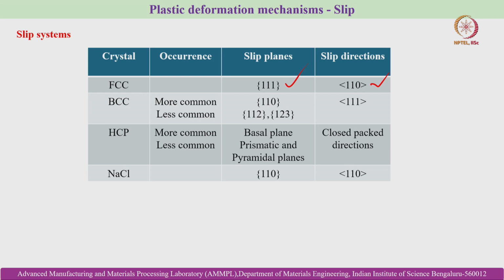The slip direction, common for all these slip planes, is 111. It is a little different in the case of hexagonal close packed, where the more common slip plane is the basal plane and the least common are prismatic and pyramidal planes, and slip directions are close packed directions.